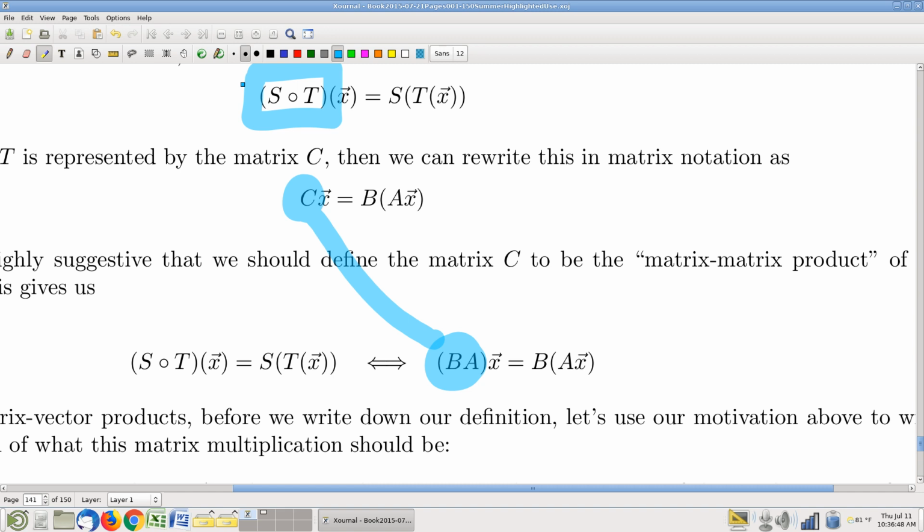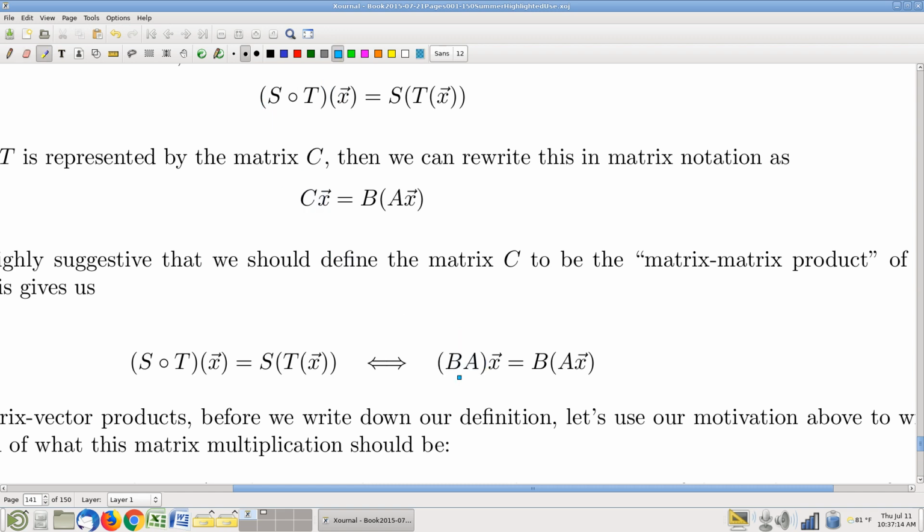So, in the same way that addition of matrices has to correspond to addition of linear transformations, multiplication of matrices has to correspond with composition of linear transformations. And I say has to in the sense of, oh my gosh, I really don't want to not have this. Okay. All right.